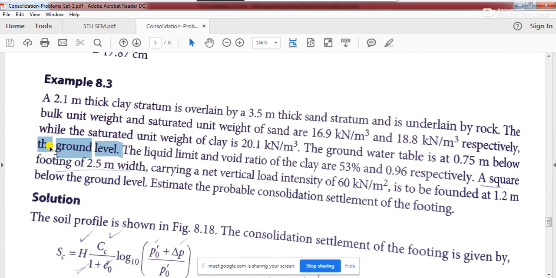Okay, so using that formula you can find out the compression index of soil.